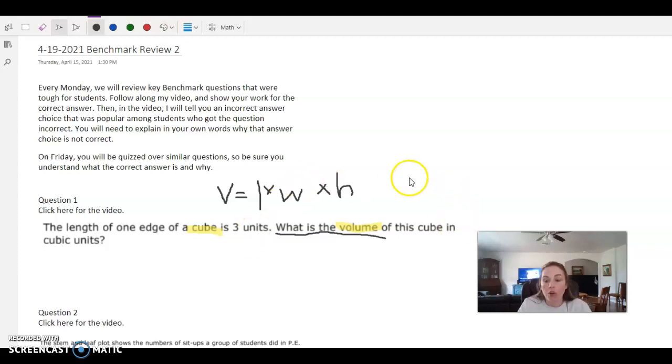Okay, what I hope you thought about and realized was that a cube has all equal measurements.